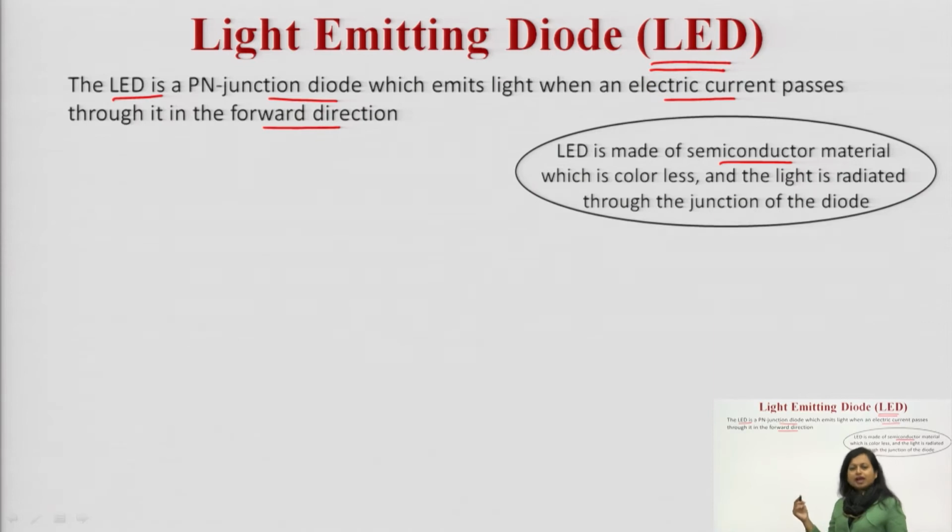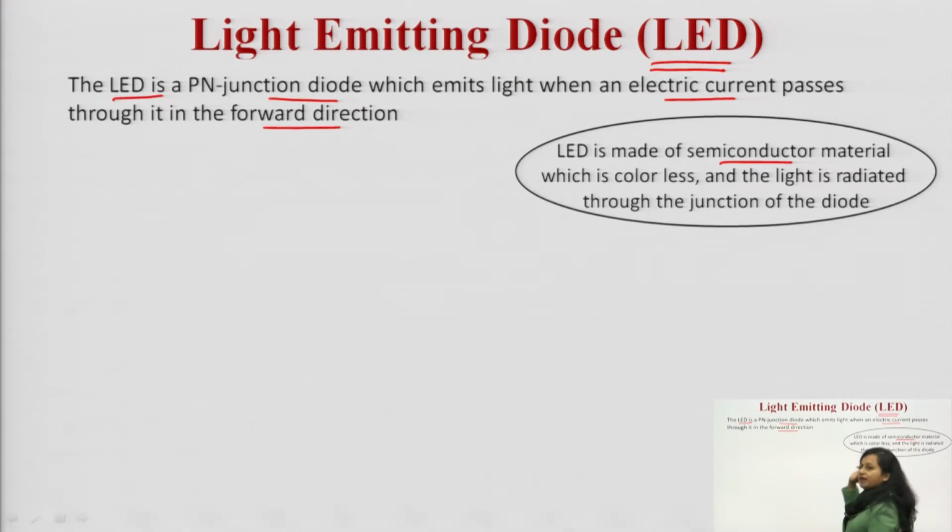As you know, we have already discussed the two types of semiconductor materials. One is elemental and the second is compound semiconductor materials. Elemental means consisting of a single component, maybe silicon or germanium, and compound semiconductors are a combination of two or more types of semiconductor materials.